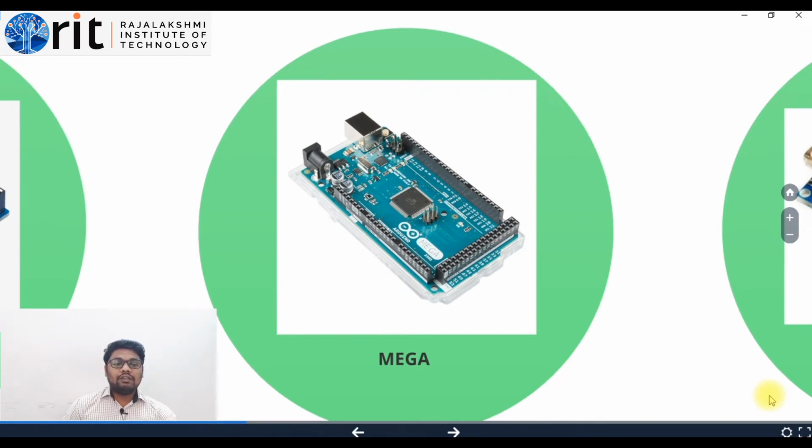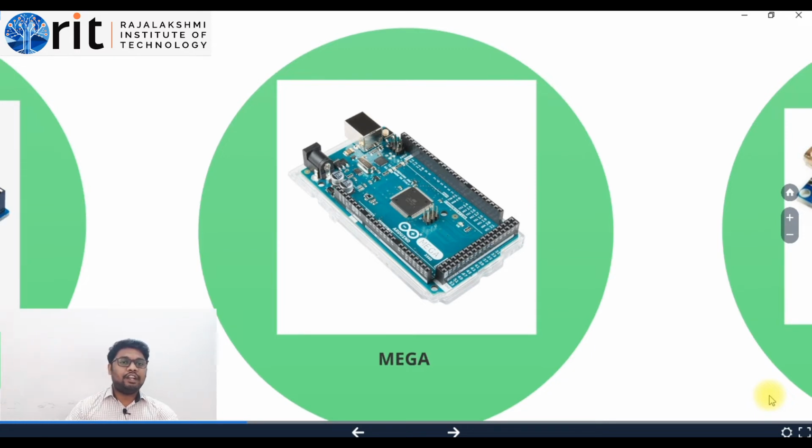The other one available is the Arduino Mega board, which is quite popular as compared to the Arduino Uno board. This Arduino Mega board has greater processing capability, and specifically it has many analog pins as well as many digital pins, which gives the ability to interface more sensors as compared to an Arduino Uno board.